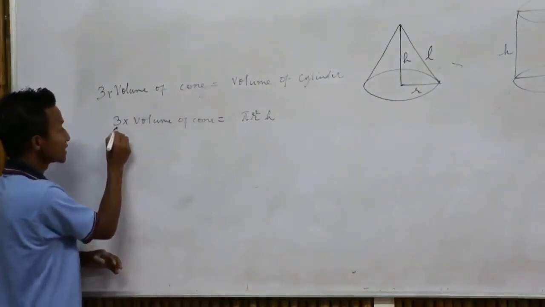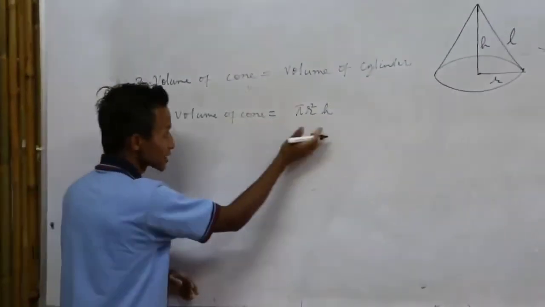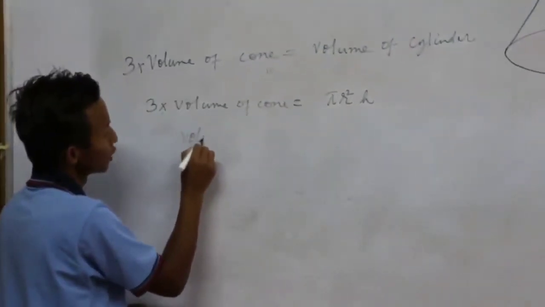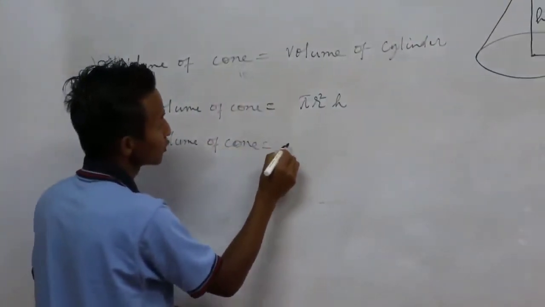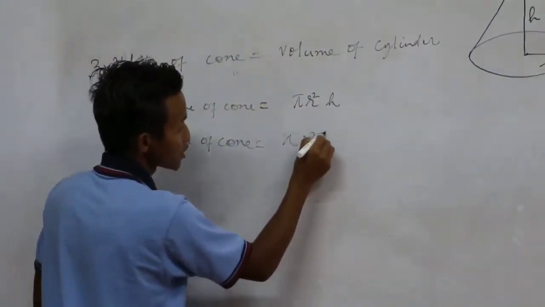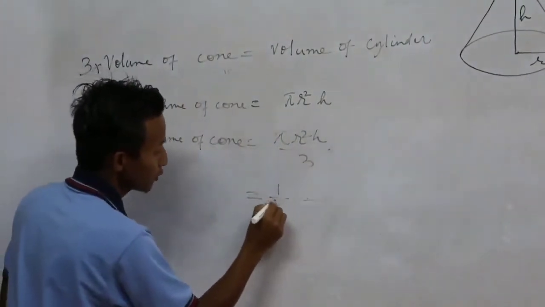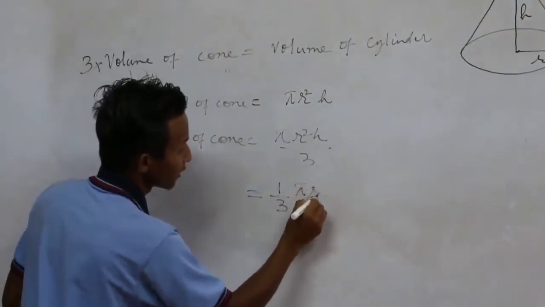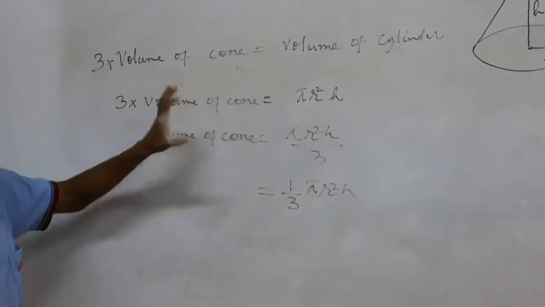Then this is 3, and here we have a multiply sign. We take this 3 to the other side, and are left with volume of cone is equal to pi r square h divided by 3. So it equals 1 by 3 pi r square h. So this is the volume of the cone.